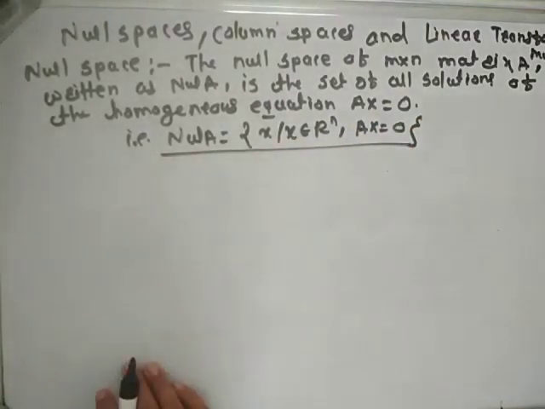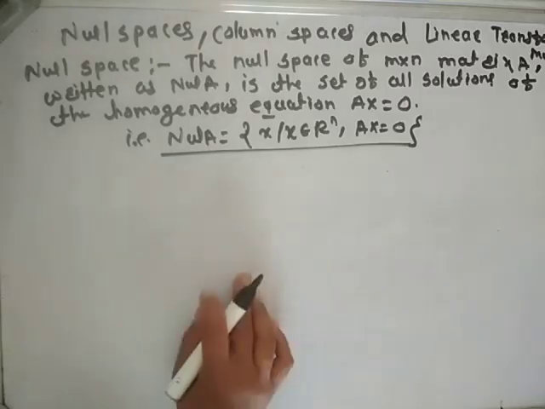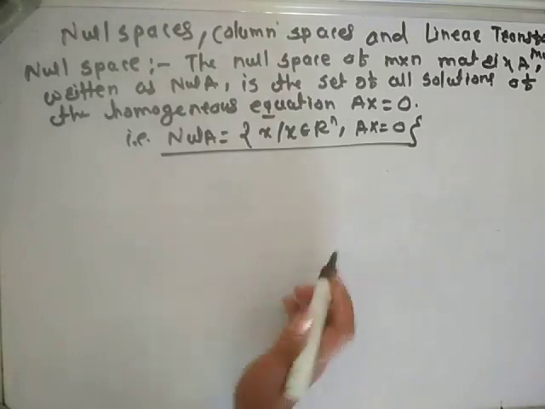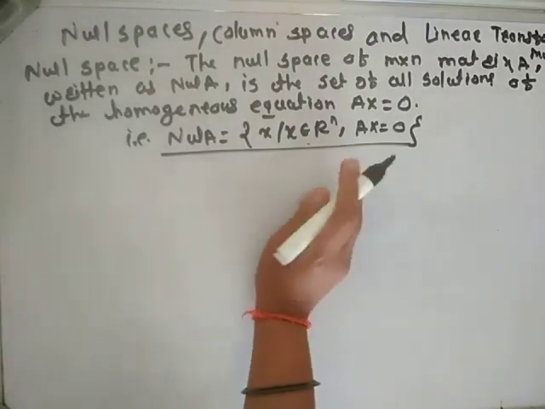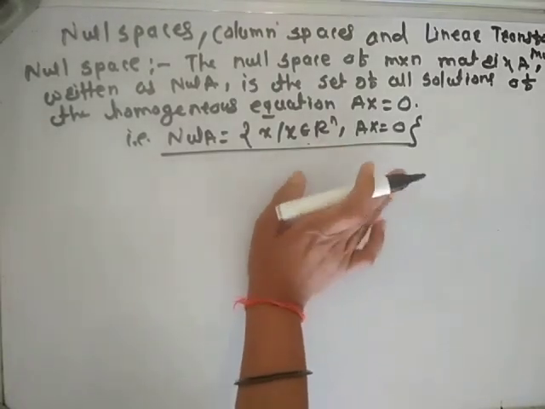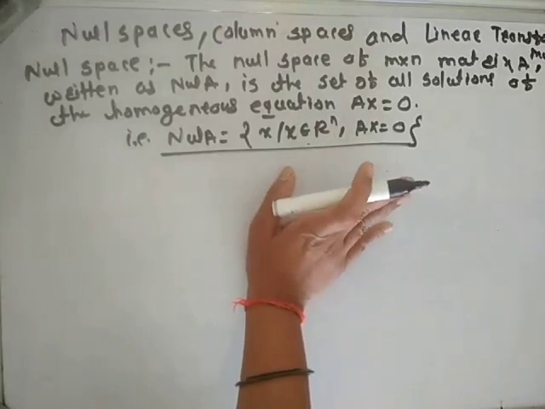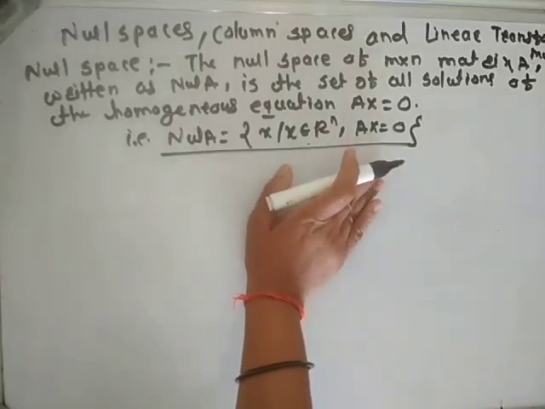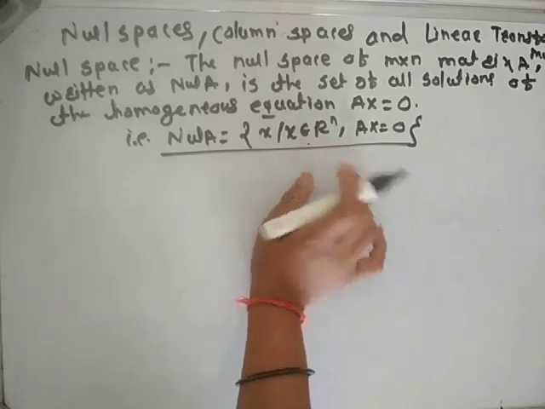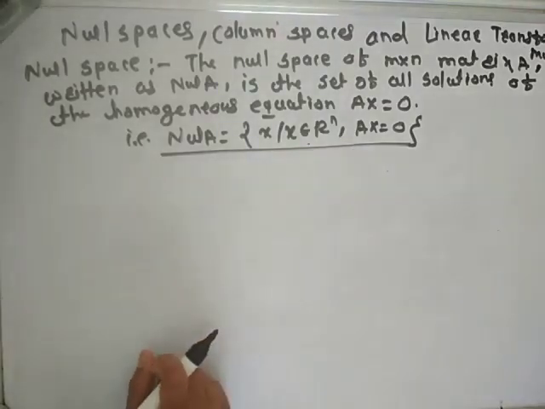This is the null space of A. Or we can say that the null space of A can be described as the set of all x belonging to R^n that are mapped to the 0 vector of R^m via the linear transformation x to Ax. Okay.